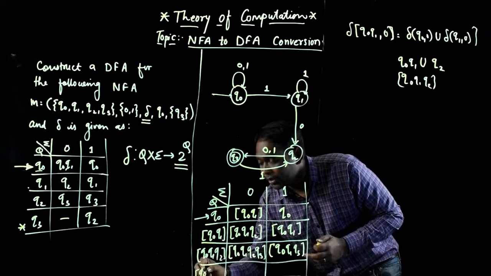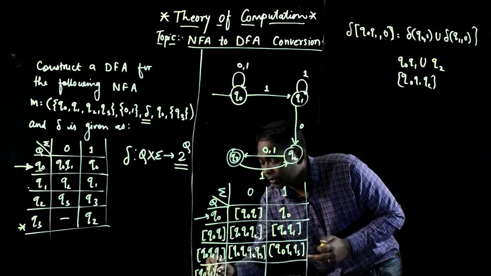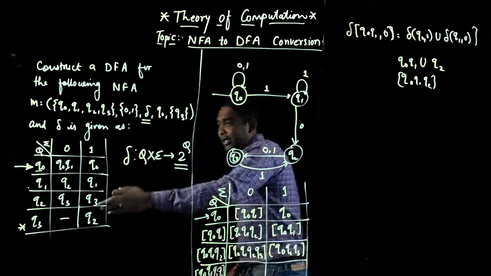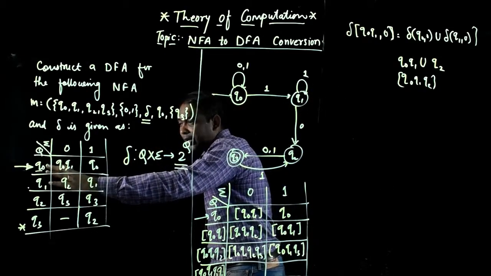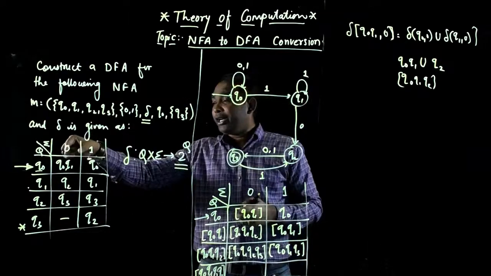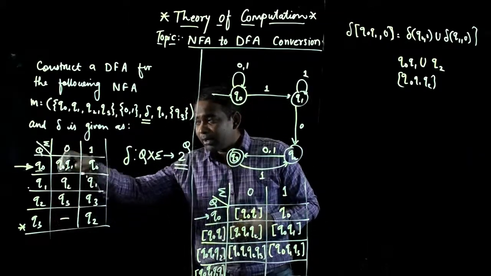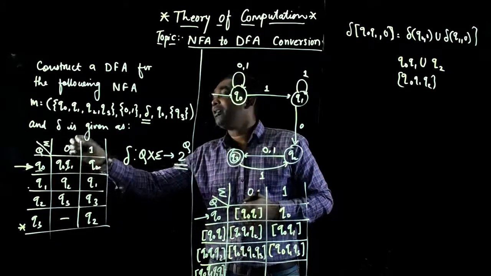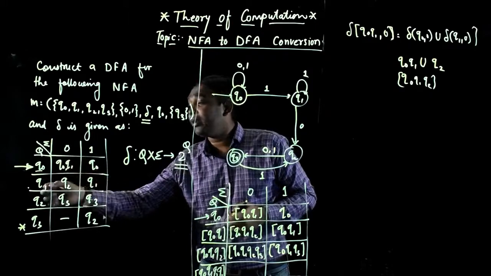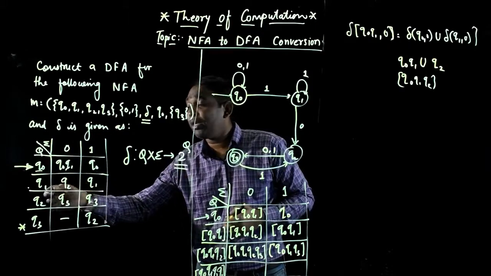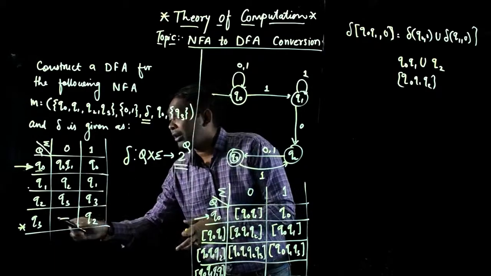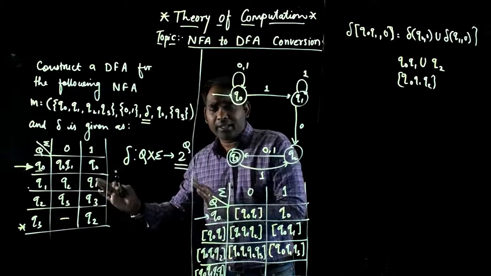Again I refer to the table. On 0, I need to perform the union operation of all those states. Q0 on 0 goes to Q0, Q1. Q1 on 0 goes to Q2, Q2 on 0 goes to Q3, and Q3 on 0 has no transition, a null transition.